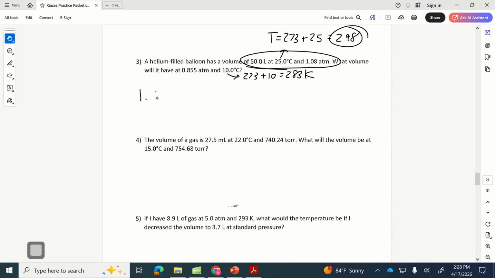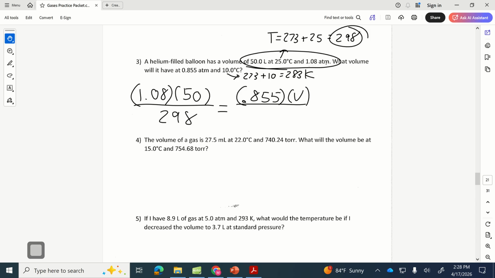PV, so P 1.08, I can see ATM, I don't need to convert anything, times 50 divided by 298 equals new pressure 0.855 times V over 283.